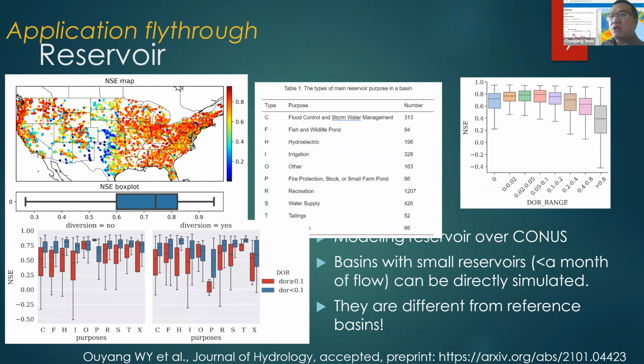Another application is in terms of reservoirs, and we find these models can capture reservoirs well. We have a 3,000 basin data set. If you have a small reservoir in the system, that is actually extremely easy to model. If your reservoir can store less than about a month of flow, the machine learning can learn it very well, and it knows that this basin is very different from the ones that don't have a reservoir.